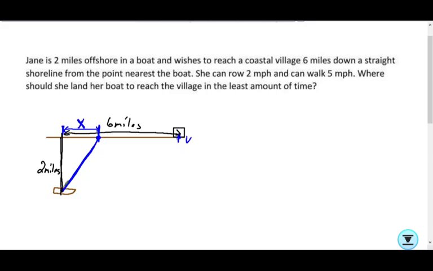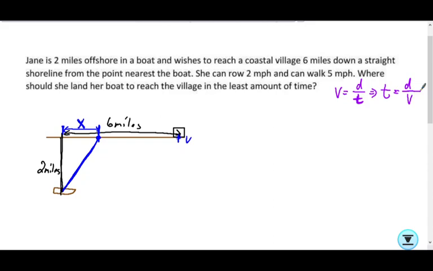Okay, so what are we optimizing? Well, we're optimizing our time. We all know that velocity is distance over time, right? So if we want to change to time, and rearrange this equation, time is going to be equal to distance divided by velocity.